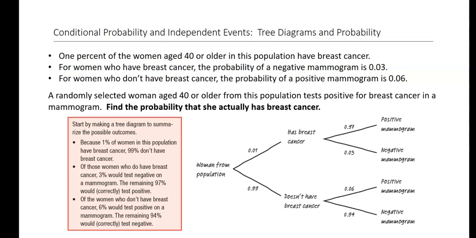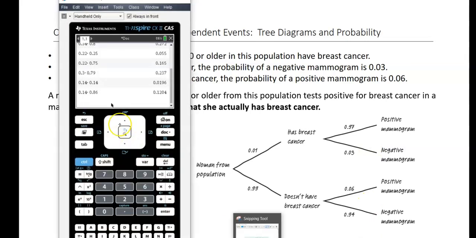So you're going to look at a couple things. First of all, how many folks tested positive? Well, you have to do 0.01 times 0.97. That's the top folks.